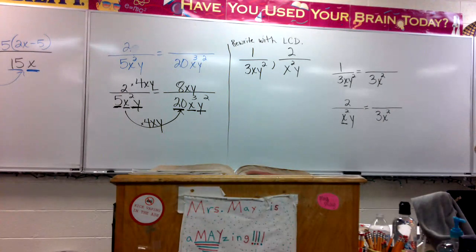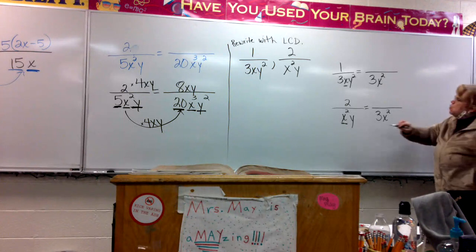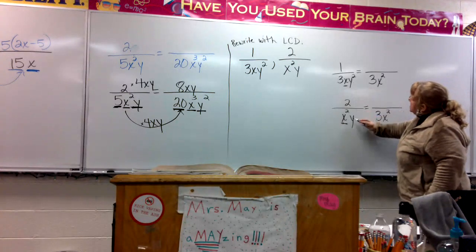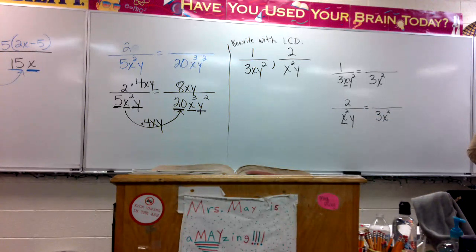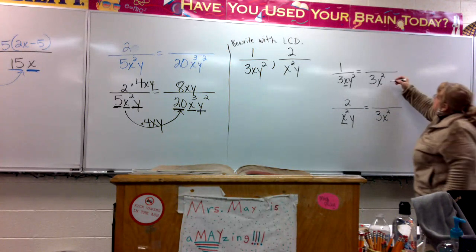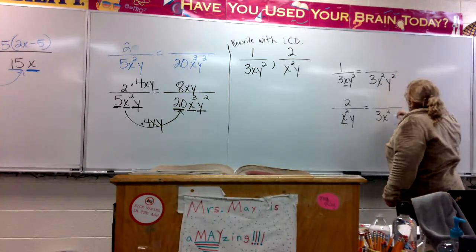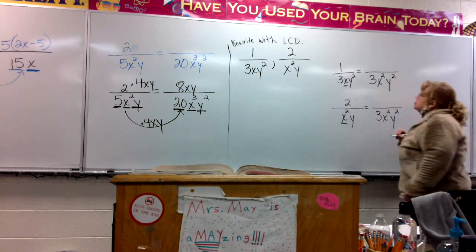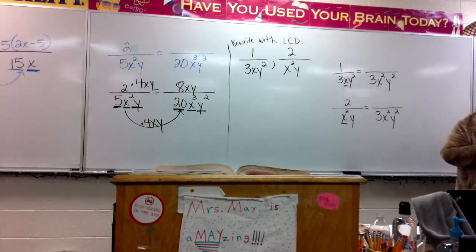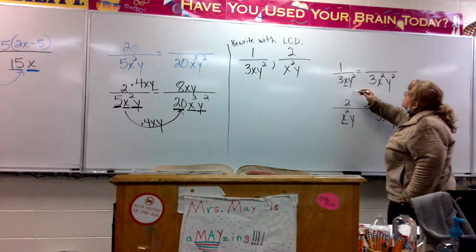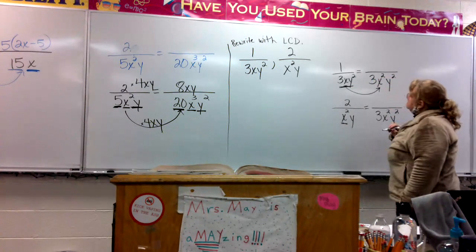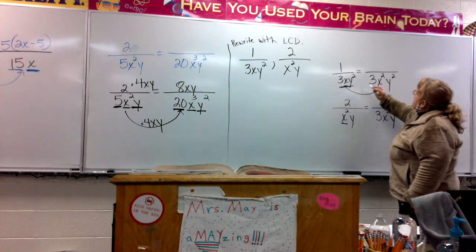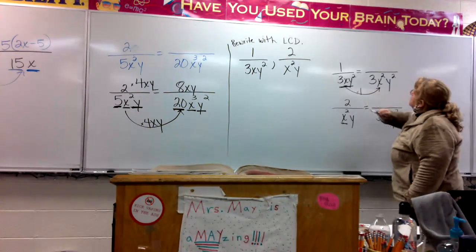Does that make sense? Same thing with the y's. I have 2 y's and I have 1 y. How many will my common denominator need then? Right, 2. Agree? And then once you figure out your common denominator, now you have to ask, what did I multiply this by to get this? 3 times 1.